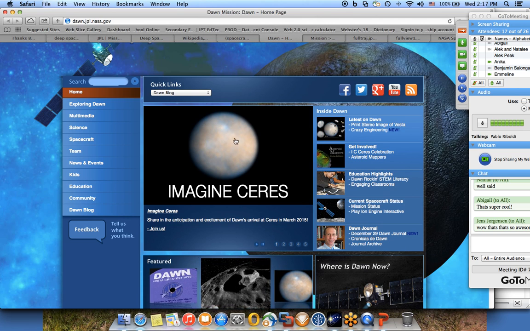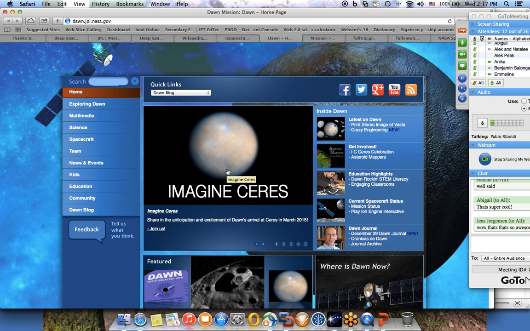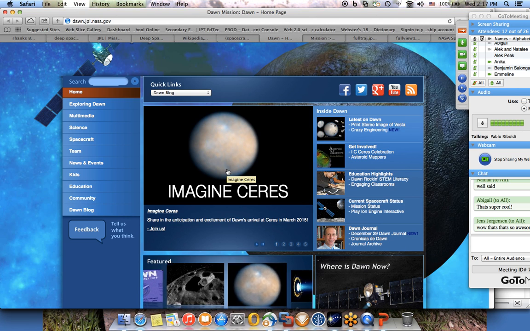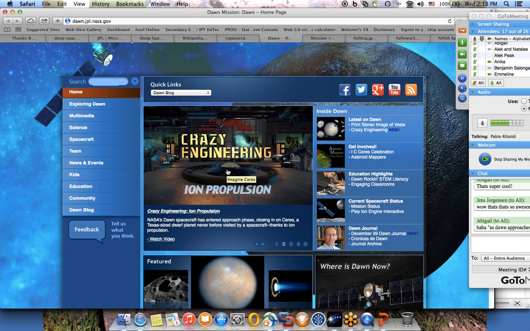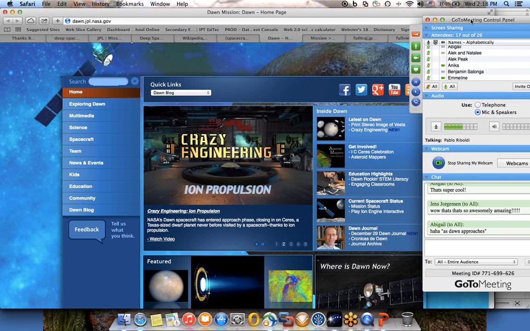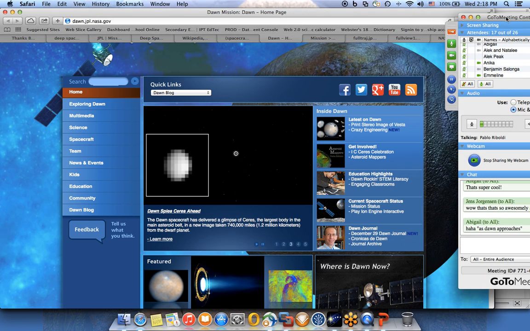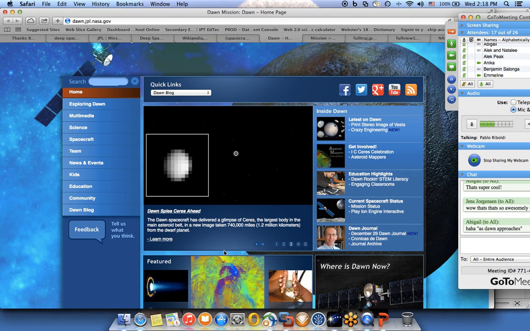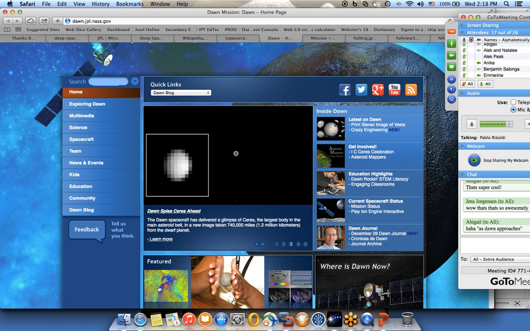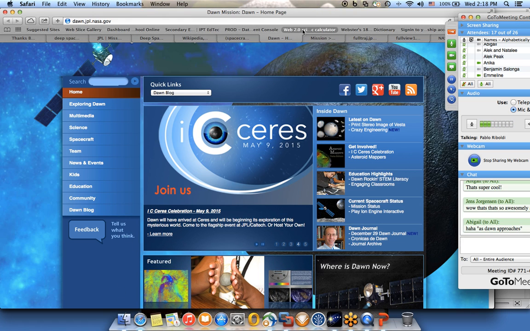So this is an image of Ceres, and we are certainly going to get better images as this happens. This is really, really interesting, and I want you to study these websites and so on.